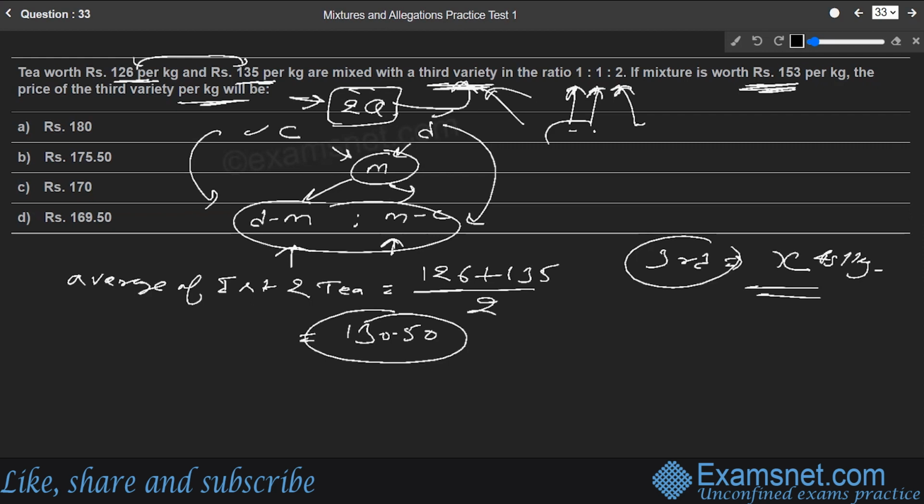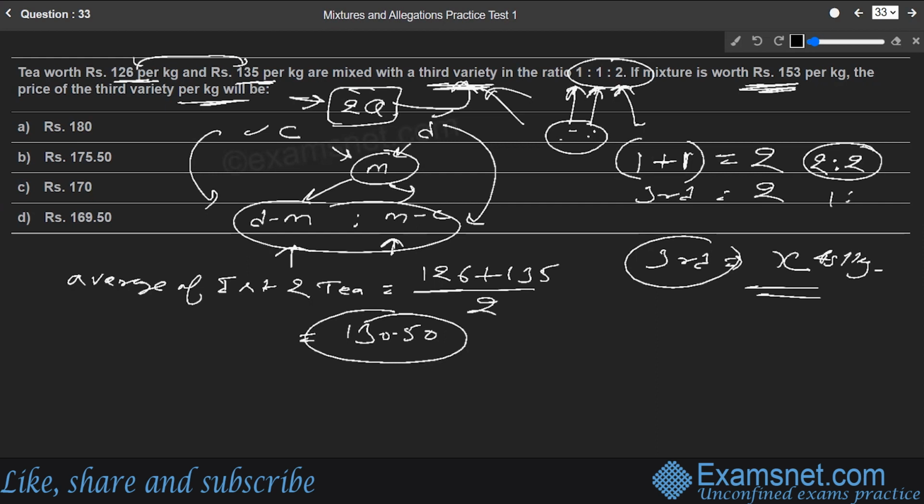When we find the mean of the first and second, both quantities have been added in equal proportion, giving two parts in the ratio 1 is to 1 is to 2, and the third variety is mixed in the two parts. So the ultimate ratio between the mean of the first two and the third variety is 2 is to 2.